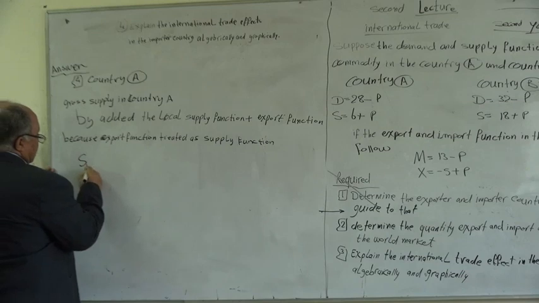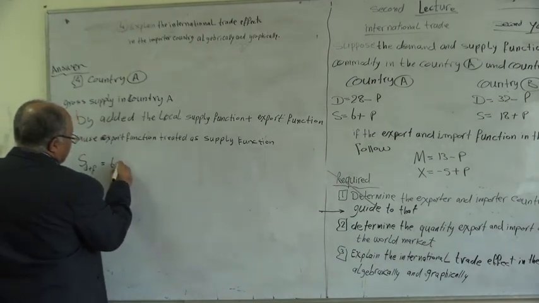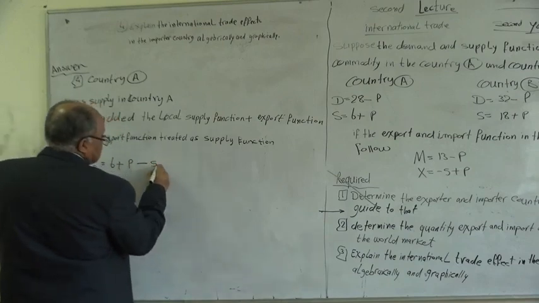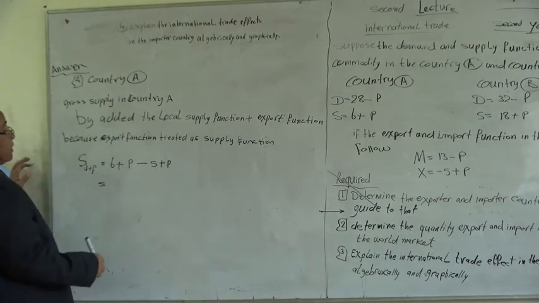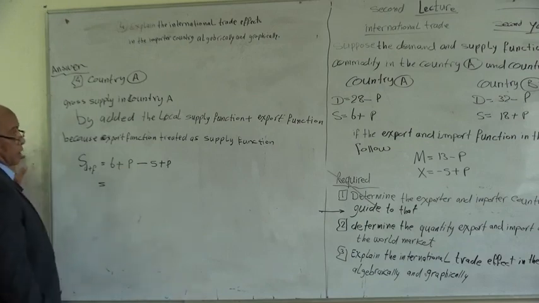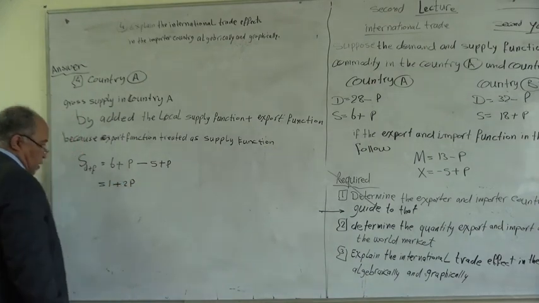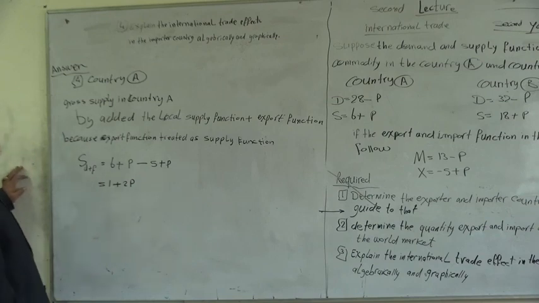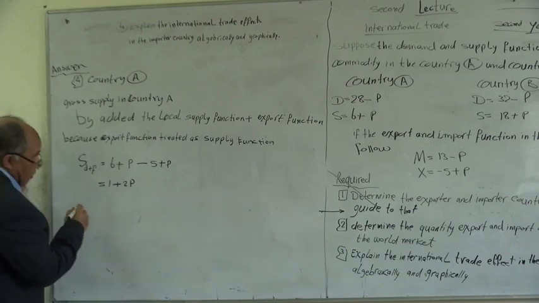Then supply, domestic and foreign, equals 6 plus P minus 5 plus P. The gross supply in country A is 1 plus 2P. By equalizing the domestic demand and gross supply, we can get the world price prevailing in country A as follows.